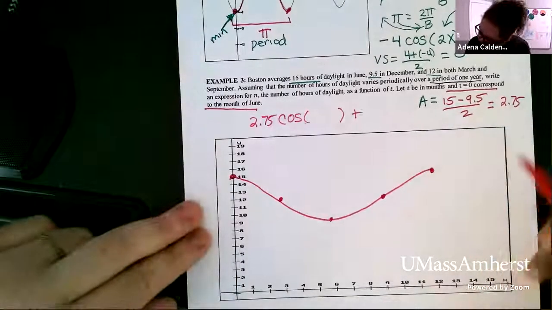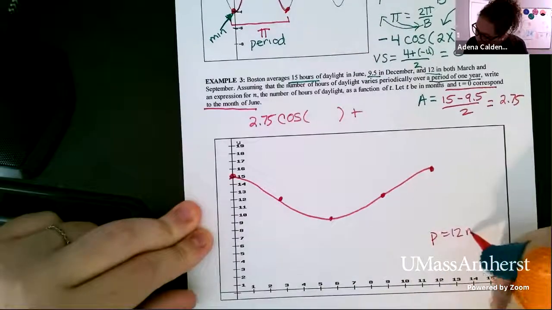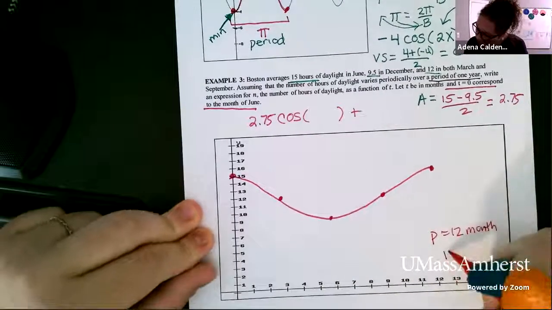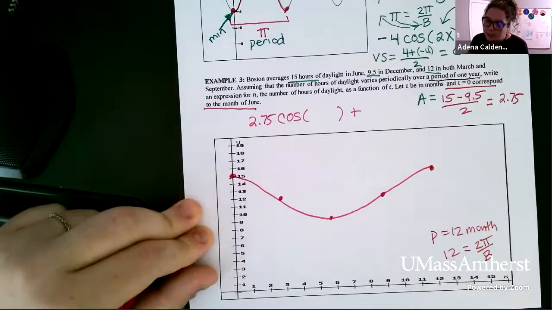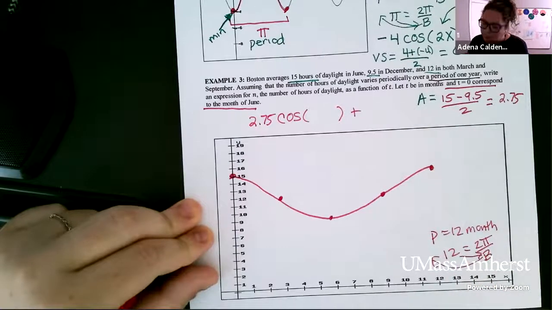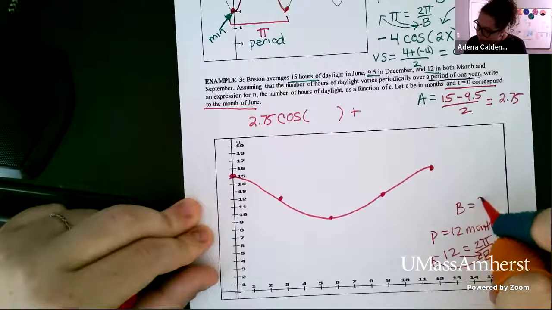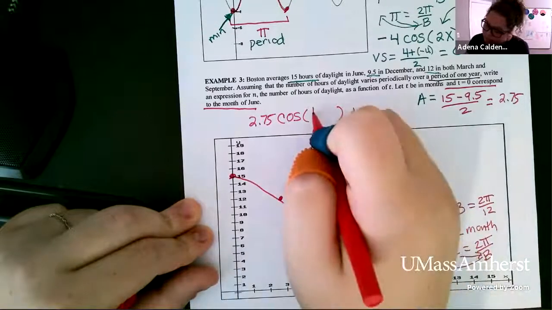So my period, I'm going to write this down here, is 12 months. So I do 12 equals 2 pi over b. Again, I'm going to multiply the b up, divide the 12 down. I get 2 pi over 12, which simplifies into pi over 6.